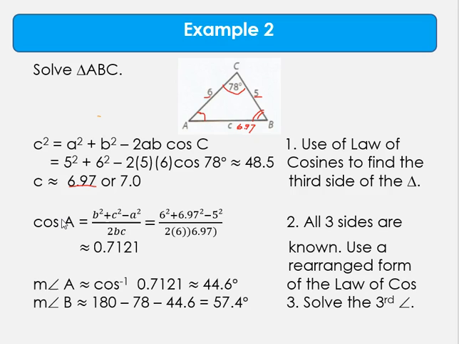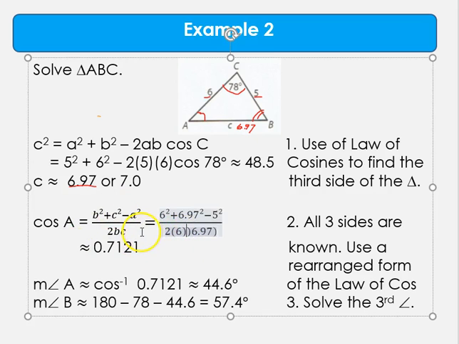b was 6, so we have 6 squared, and c was 6.97, so it's 6.97 squared, and a was 5, so that's 5 squared. And the denominator was 2 times 6, and this looks a little strange. My parentheses is the wrong way. Let's fix that.